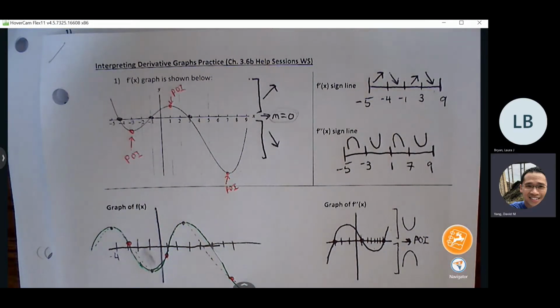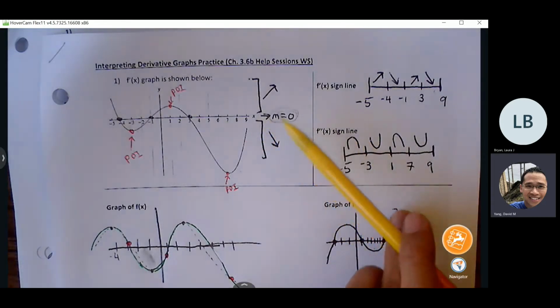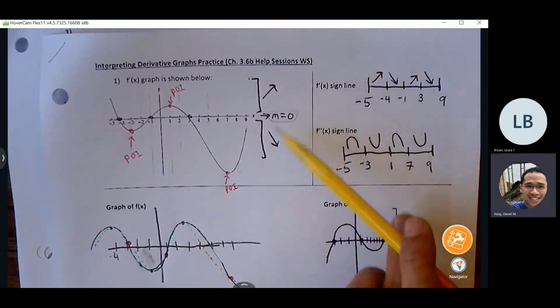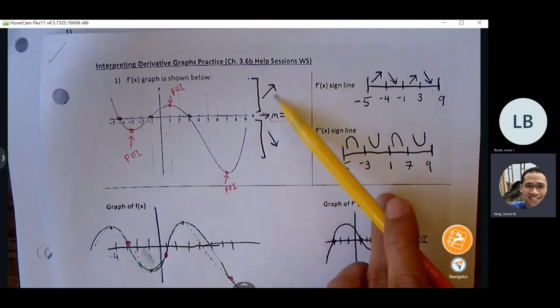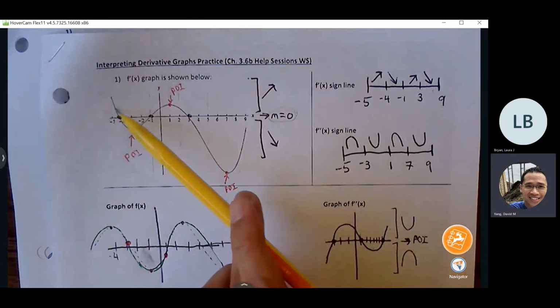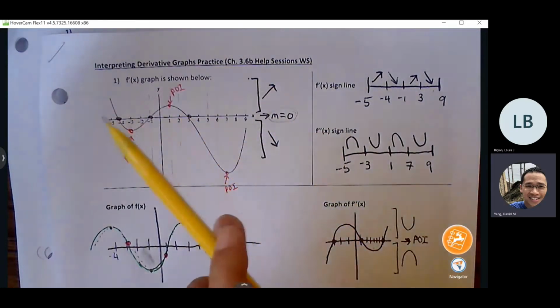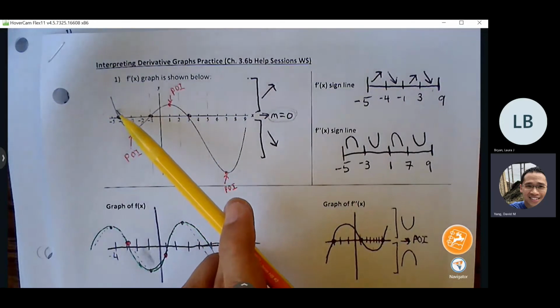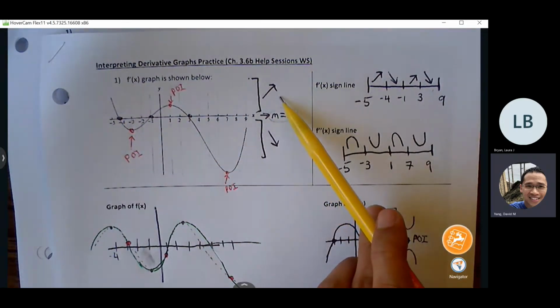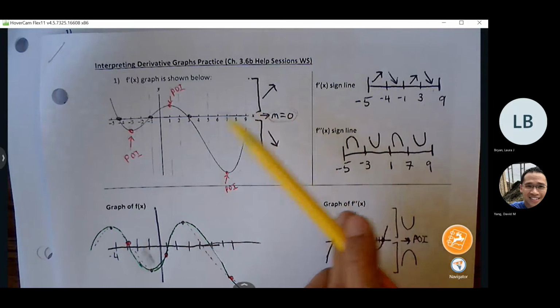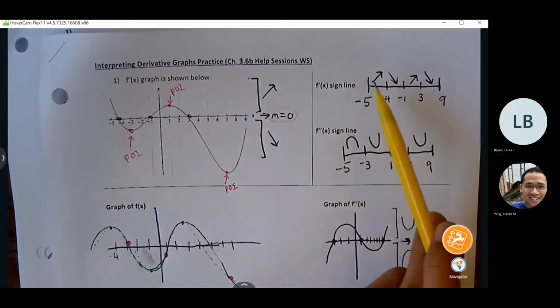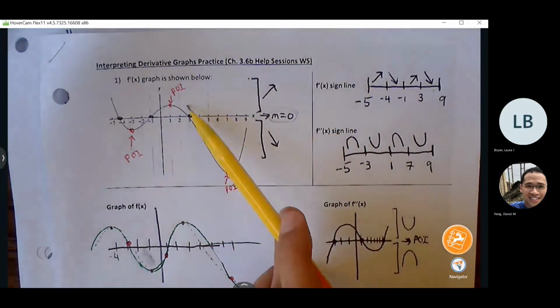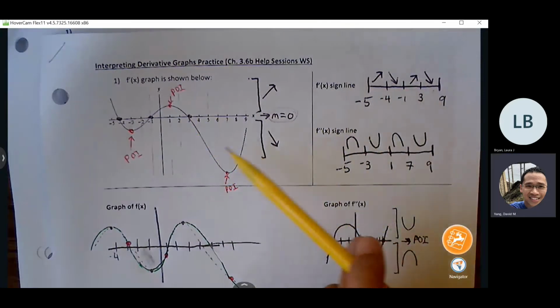I like to label my above and below because I can just look at my graph. I'm not even going to pay attention to how the graph is moving. I just want to know where it's located. If it's sitting above, I assign it a positive slope. If it's sitting below, I want it to be a negative slope: above positive and below negative.